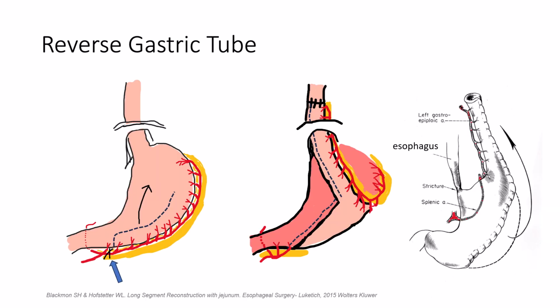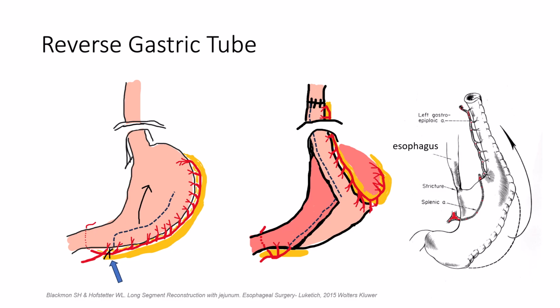This is an illustration of a reverse gastric tube, whereby the gastroepiploic artery may have been damaged where you see the blue arrow in the bottom left. Instead of pedicling the gastric tube from the position of the gastroepiploic in the isoperistaltic direction, an antiperistaltic tube could be used.